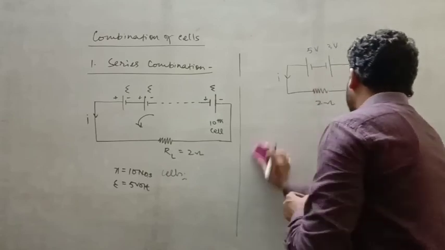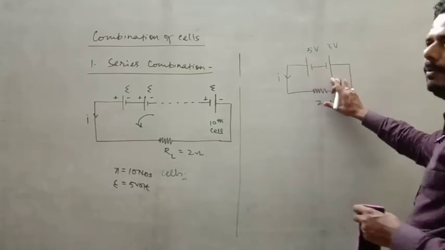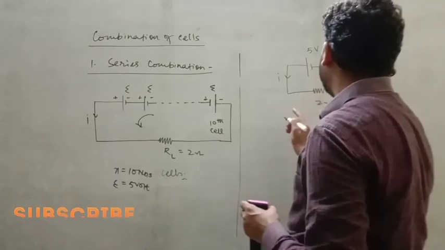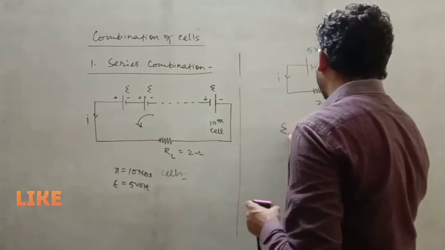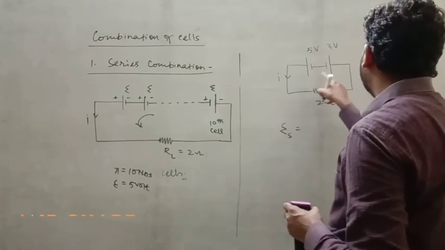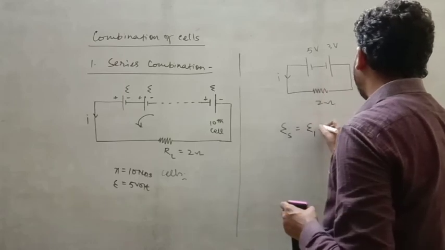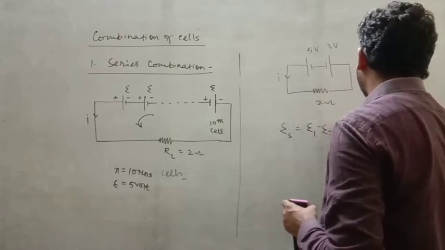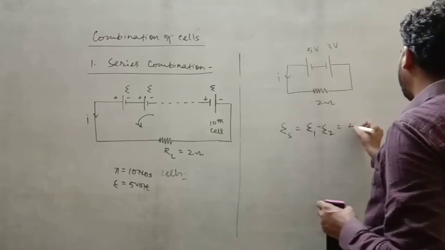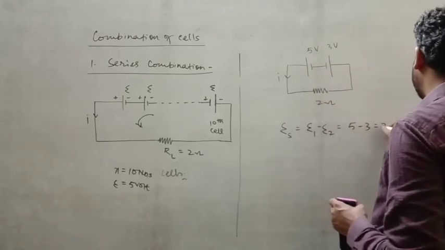There are 2 EMFs, and because they are connected in series but opposite in direction, your net EMF is E1 minus E2. E1 is 5, the next one is 3, and because this one is connected opposite, your resultant will be 2 volt.